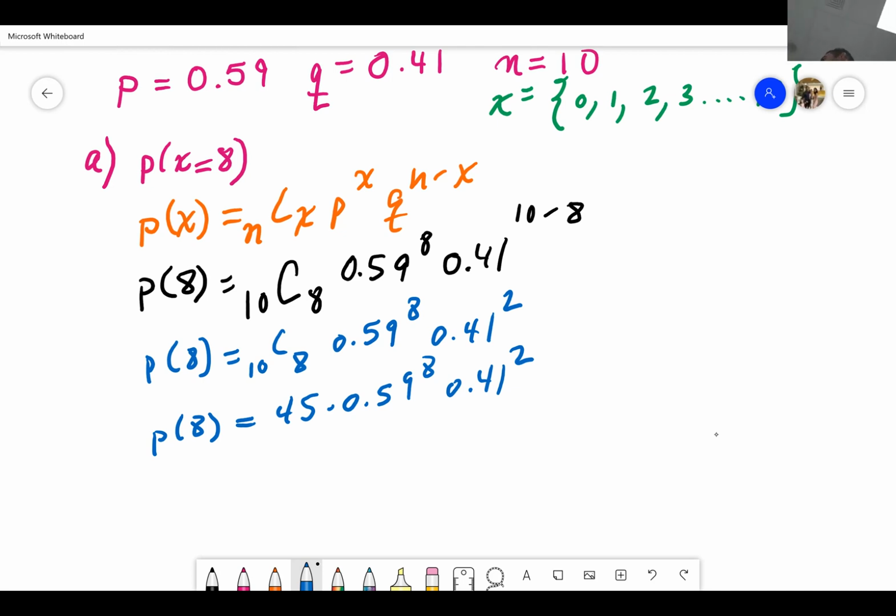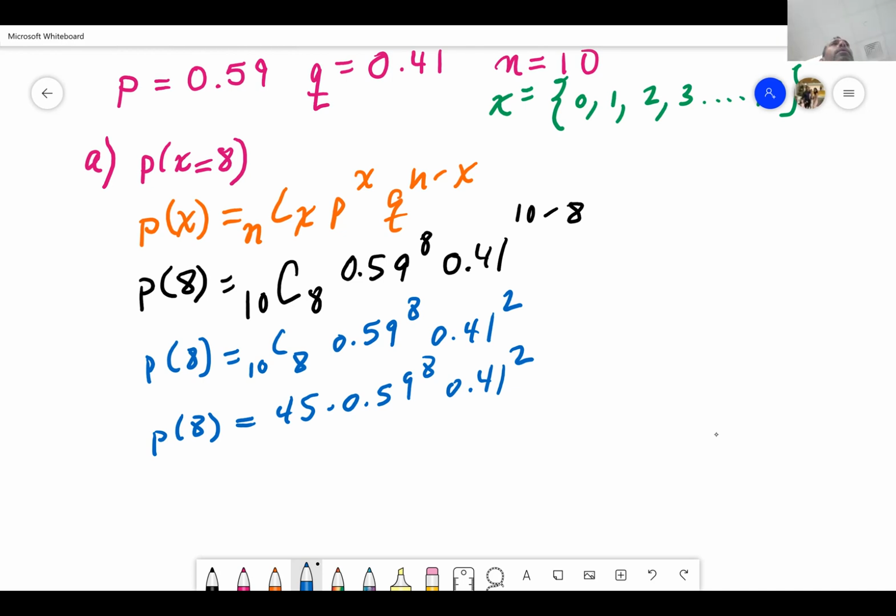The number, okay, so in your case, I think you had a TI. So you have to put 10 first, and then press second 8, and then press 8 equals. The second 8 takes care of the C. You don't have to put 8 twice.